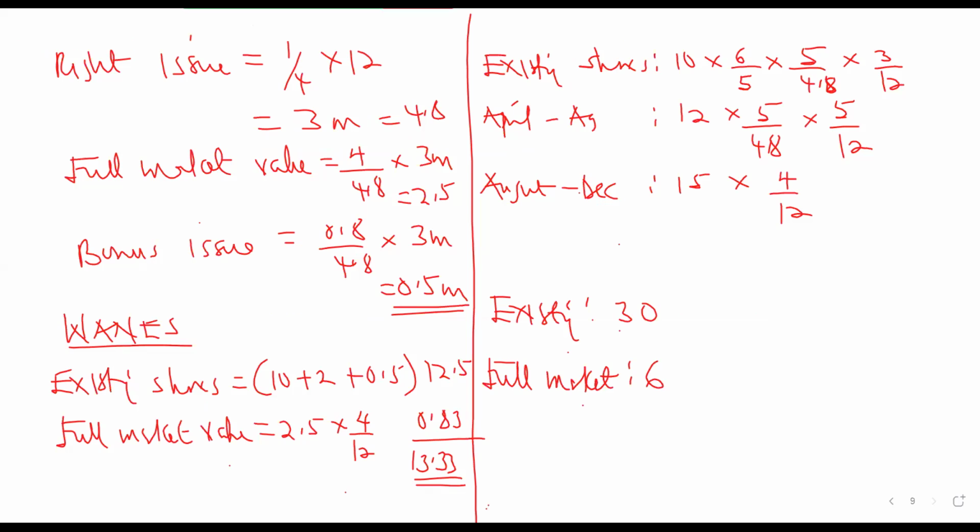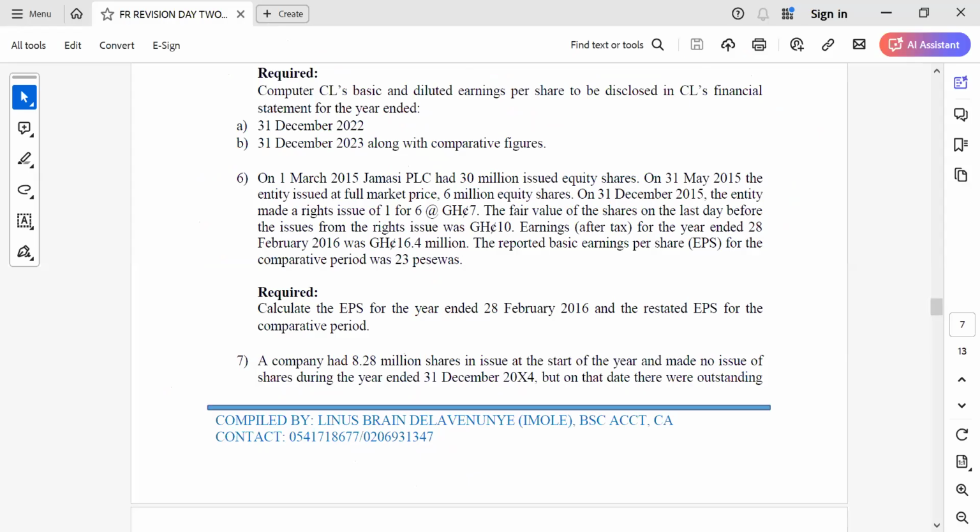They have made a right issue on what date? They have made a right issue in December 2015, a right issue of 1 for 6 has been made.